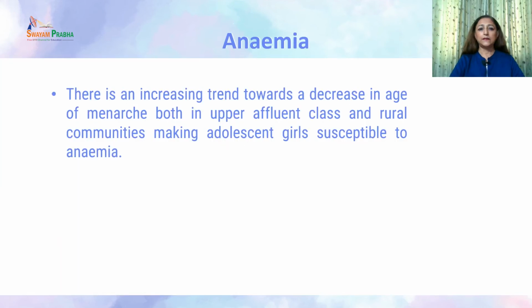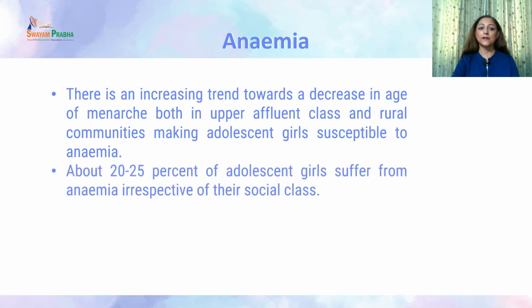There is an increasing trend toward decrease in the age of menarche, which is indicated by many scientific studies. It is happening in the upper socioeconomic strata as well as the lower, and among rural and urban communities. This trend is making adolescent girls susceptible to anemia.